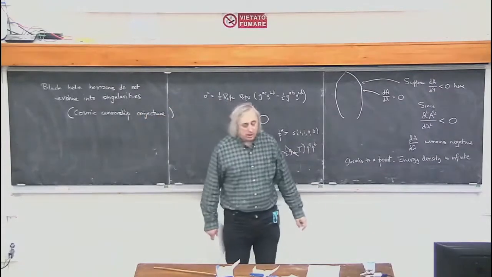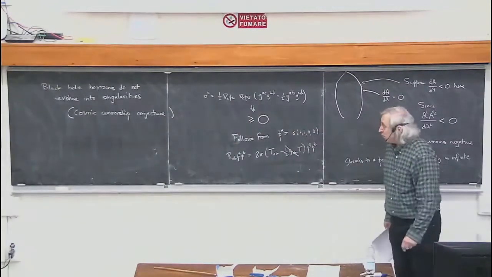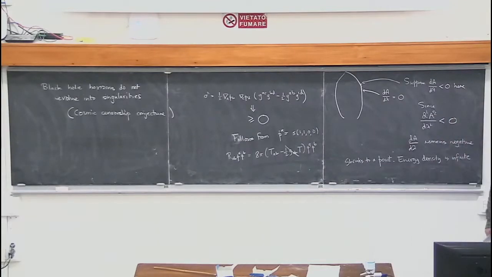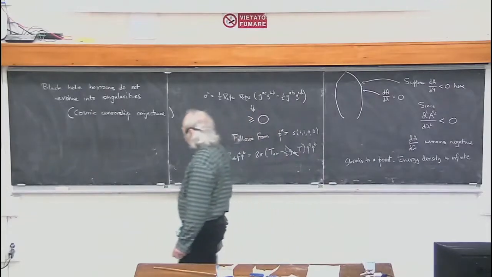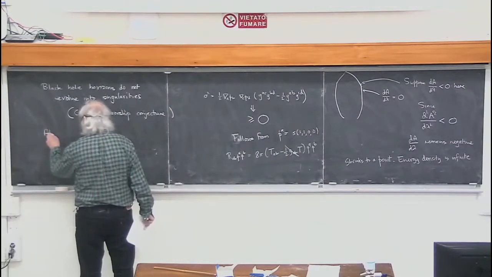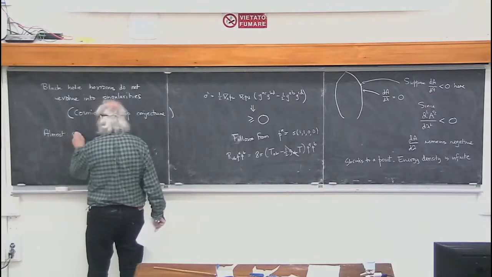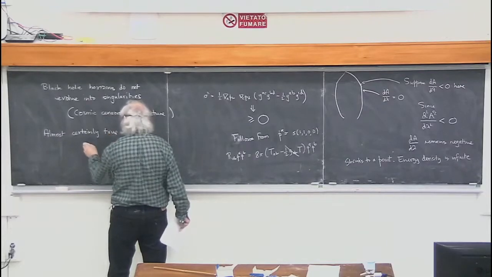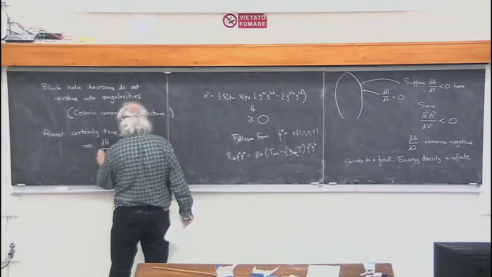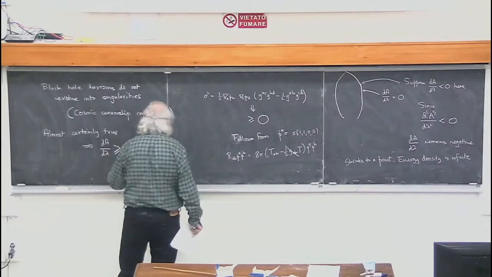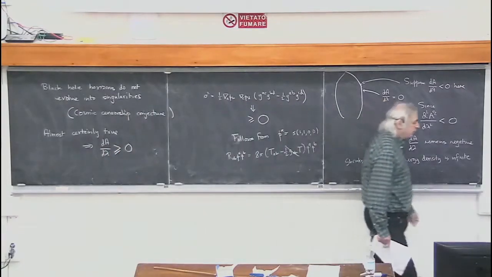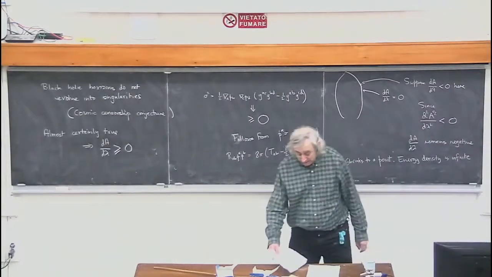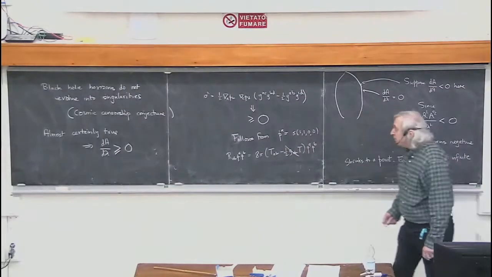There is by now a large volume of evidence which says that that conjecture is true, but on the assumption that it is true, that tells you that dA d lambda can never be negative. Because if it was negative at some point, because the second derivative of a to the half with respect to lambda is always negative or 0, you can guarantee that a will go to 0 in a finite distance lambda.